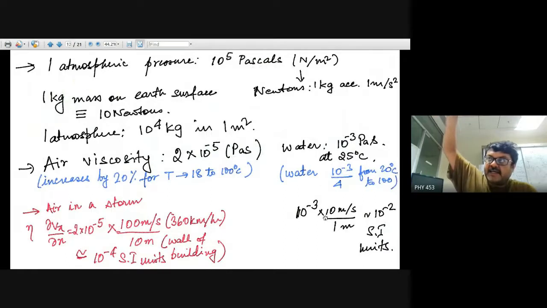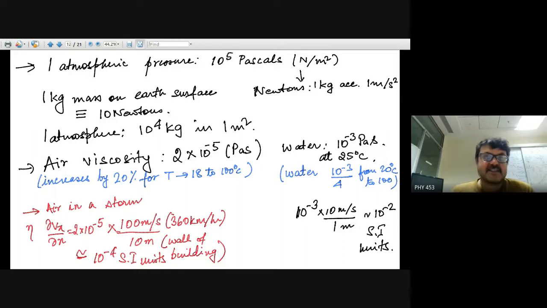Suppose this is the x direction, and the hand moves at 10 meters per second and comes to rest, so the velocity change is over 1 meter. Then the stress tensor component generated will be of the order of 10 to the power minus 3 into 10 over 1 meter, which is 10 to the power minus 2. Even if you put it at 10 meters, it will go down further, right? So the relative contribution to pressure in that sense is relatively less.